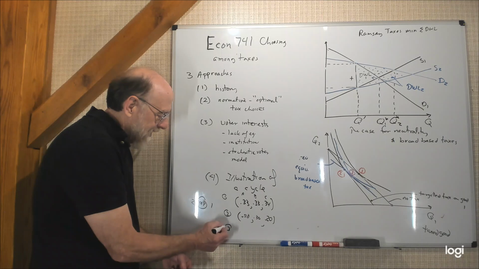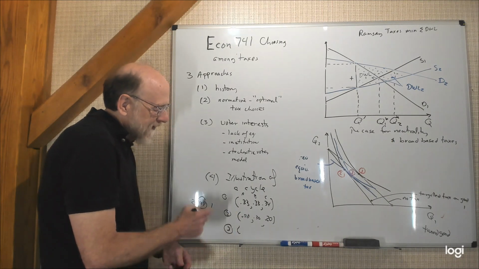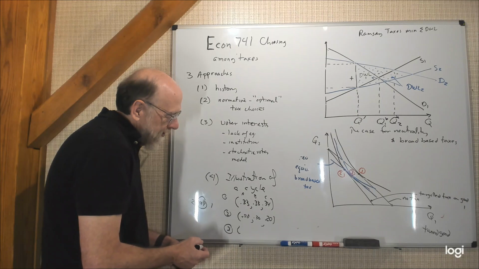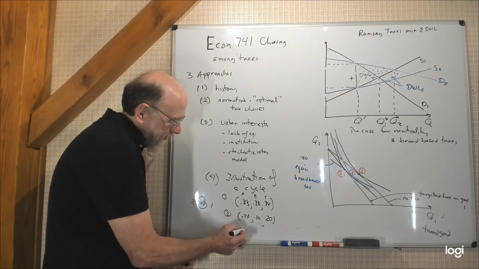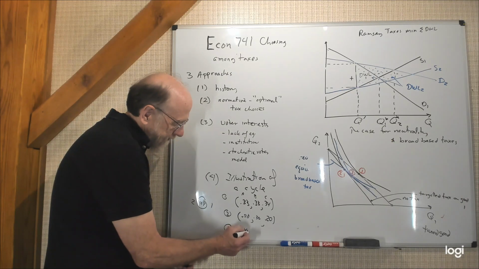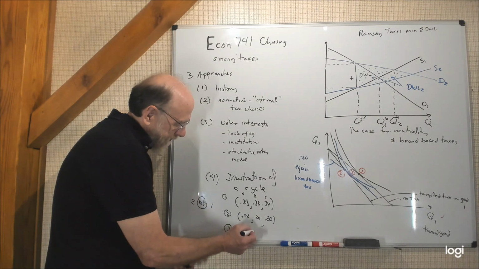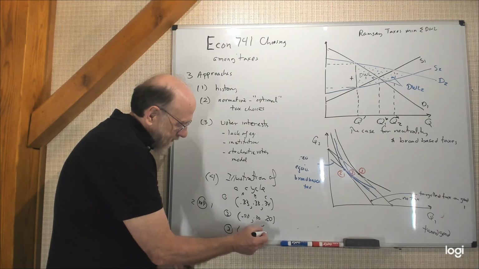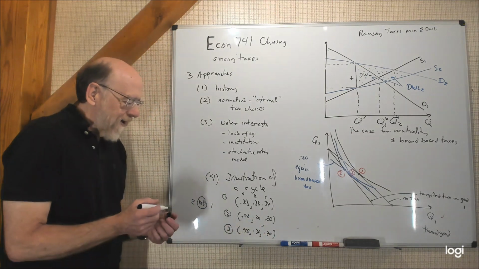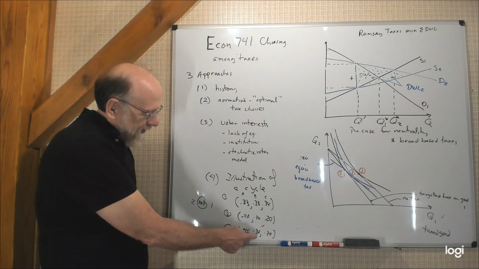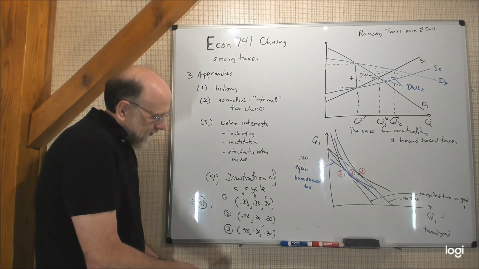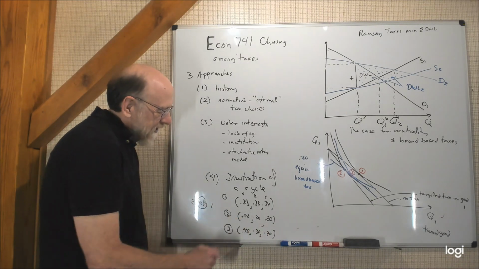We can do that again, same kind of thing. Suppose we just change the burden a bit between groups A and B. We lower it for Group A and raise it for Group B. So now it's 45, 35, 20.